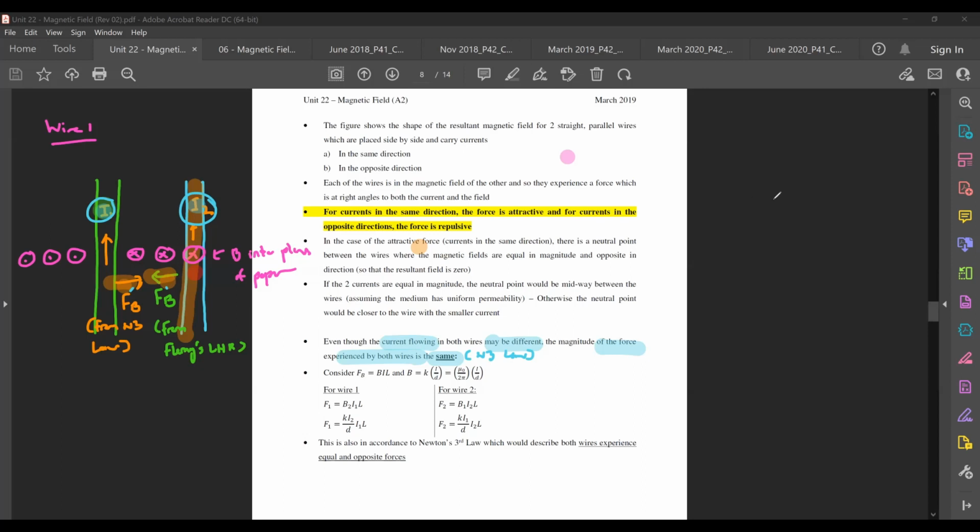Earlier in the lesson, I mentioned to you that B is kI over d, or I believe is mu naught over 2 pi times I over d. This one was for the B for a wire, and this is the magnetic field strength or magnetic flux density for a wire.